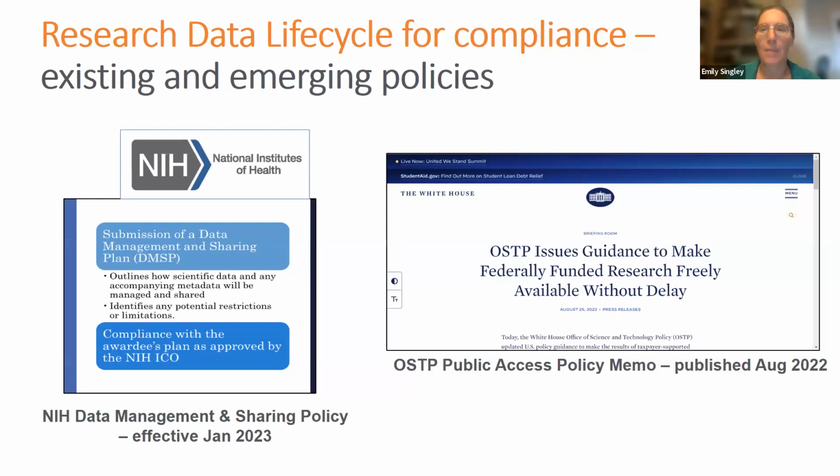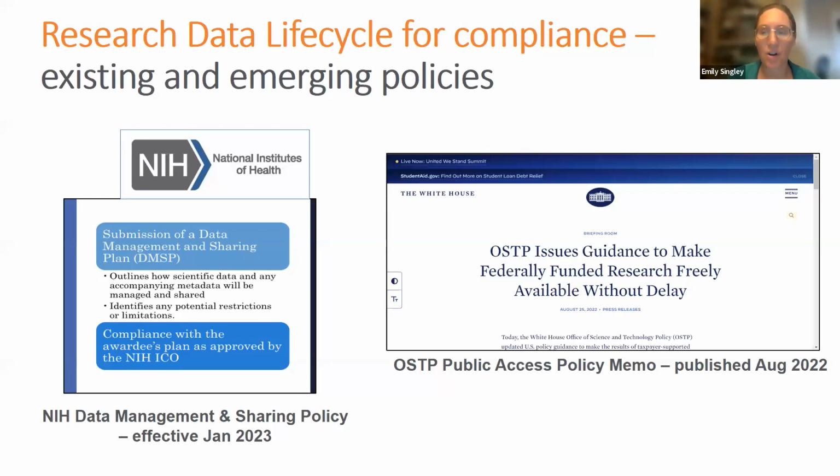Additionally, about a year ago, the Office of Science and Technology Policy, which you've probably heard of as OSTP, from the White House, came out with guidance that recommends that all federally funded research has to make its data publicly available. This is not currently a policy, but it is a recommendation that all federal granting agencies have some kind of data sharing policy in place by 2025.